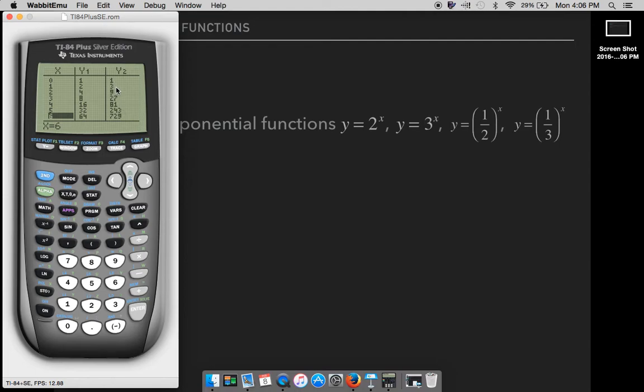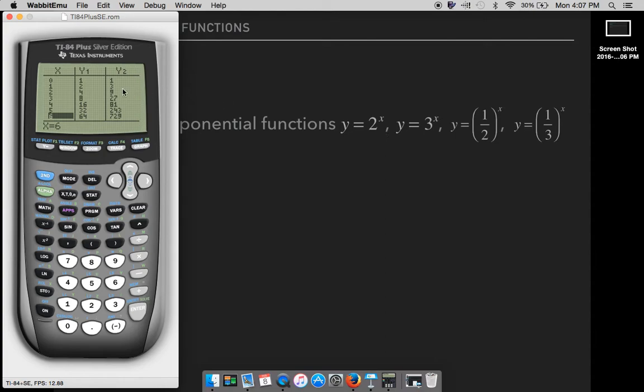It goes from 1 to 3, 3 to 9, 9 to 27, 27 to 81. In this graph, y equals 3 to the x. Each time that you increase your x value, it is multiplied by 3. So that base value tells you how your y values change each time.